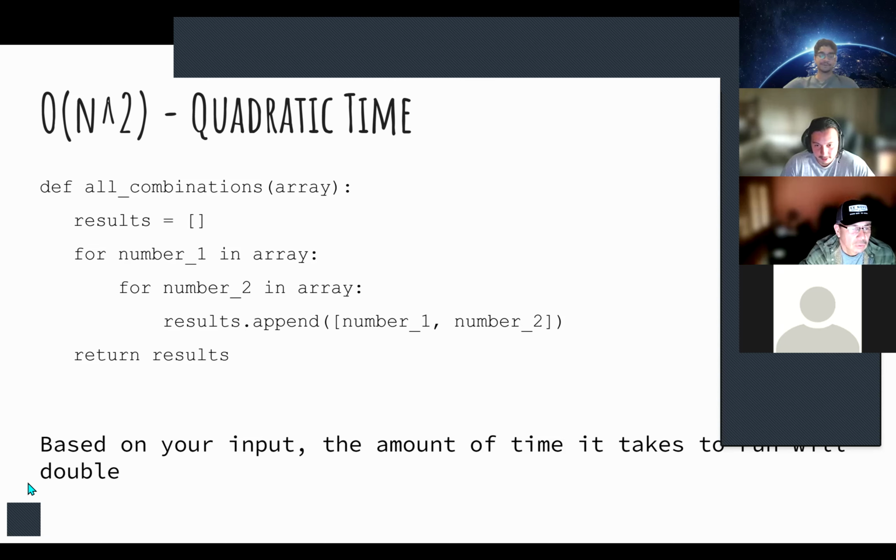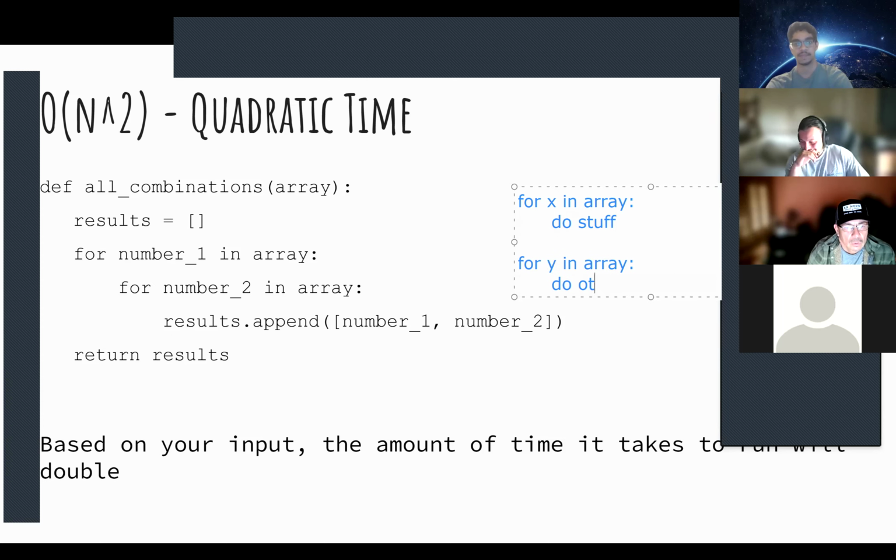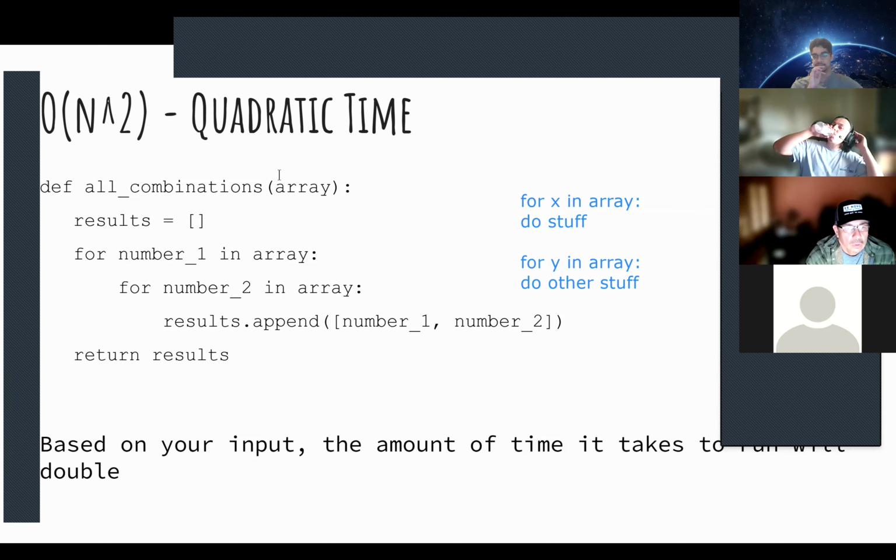Okay, so what you're saying would be correct, that it would take twice as long, if they were not nested. So if I understand correctly, it would be something like for X in array, do stuff, or Y in array. Is that roughly what you're saying, Art?